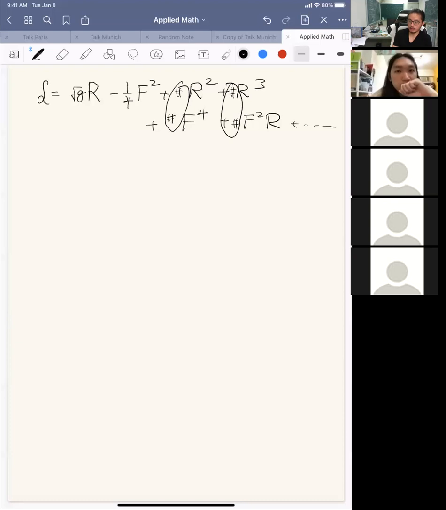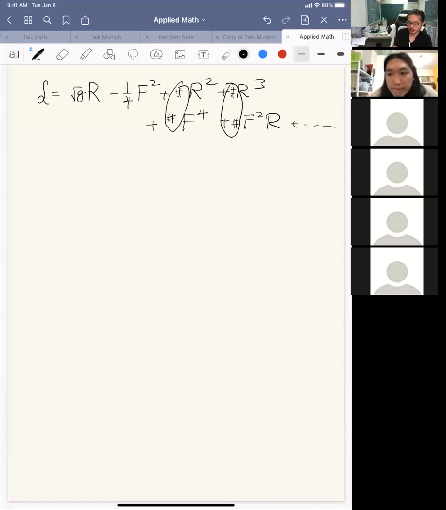So if you have a quantum gravity theory, then the quantum gravity theory should tell us what these coefficients are, right? This is just like, as I mentioned before, you start with the Newtonian potential. You know that as you go to high velocity, there's going to be corrections of the form p squared over m squared.